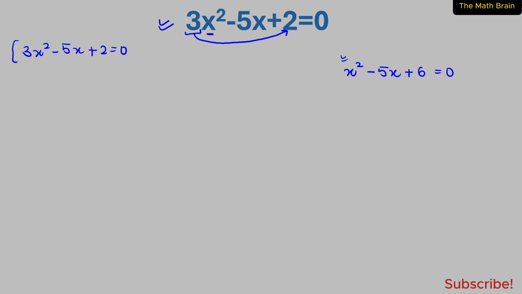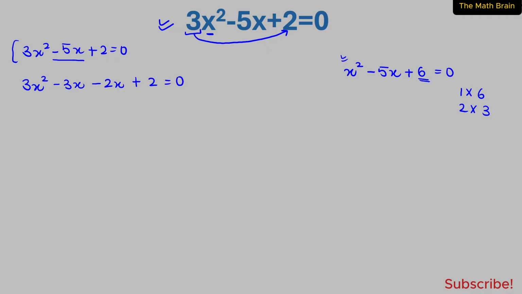Now, factors for 6 are 1 into 6, 2 into 3. And here we have 3x square. Now we have a minus term, so we can use the terms minus 3x minus 2x plus 2 is equal to 0.